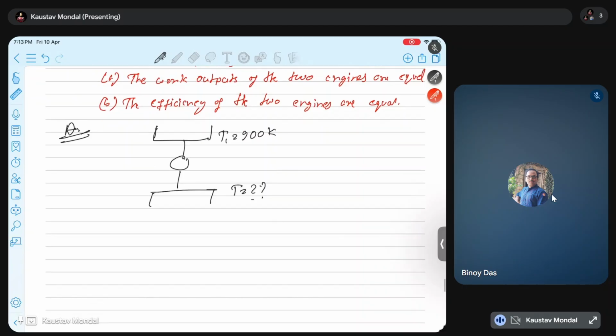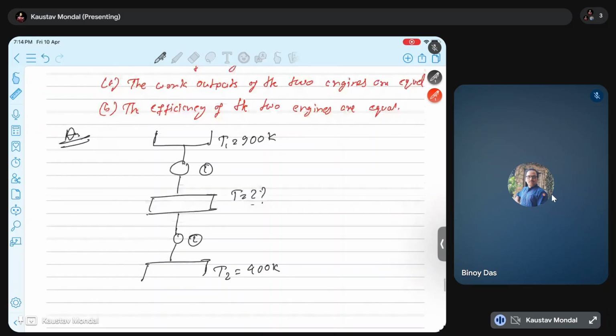The second engine takes the reservoir of the first engine as a heat source and dumps heat into the reservoir of temperature T2 equal to 400 Kelvin. This is engine 1, this is engine 2.